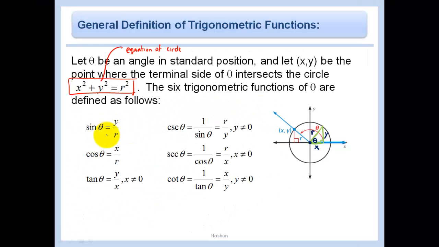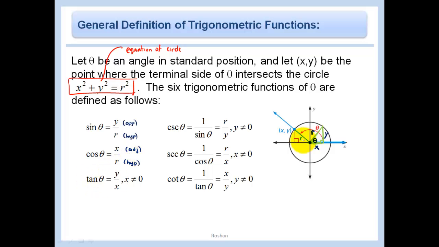And so what is sine of theta? The sine of theta is just going to be y over r, opposite over hypotenuse. Our cosine is just going to be adjacent, which is the x, over the hypotenuse.